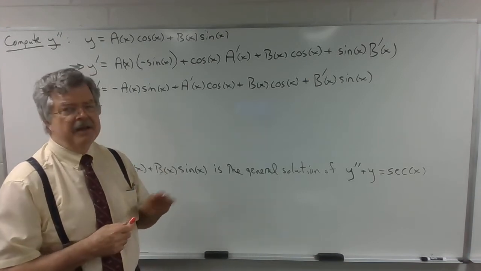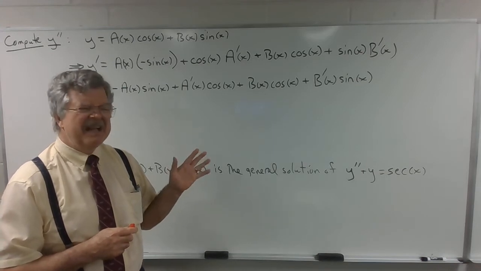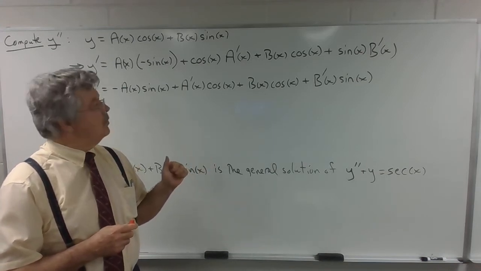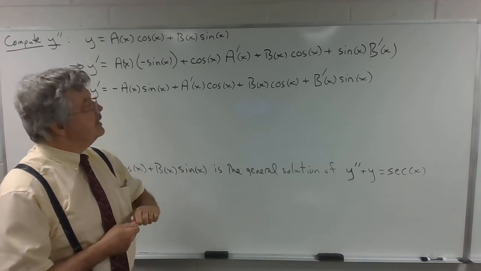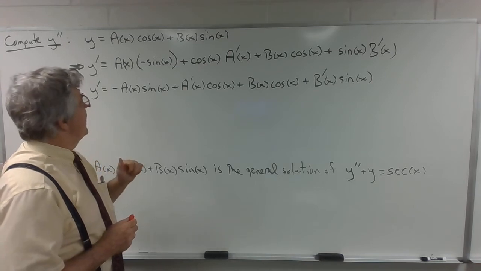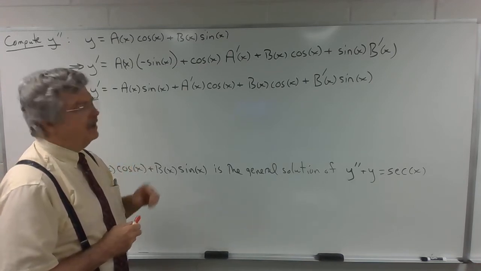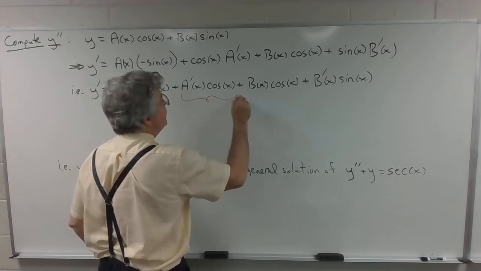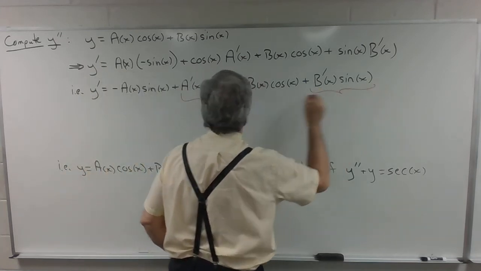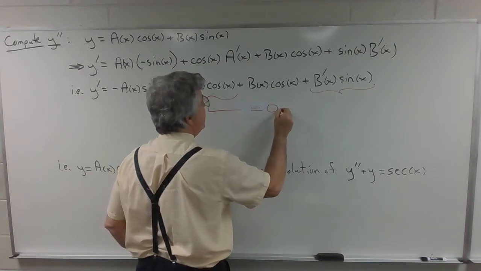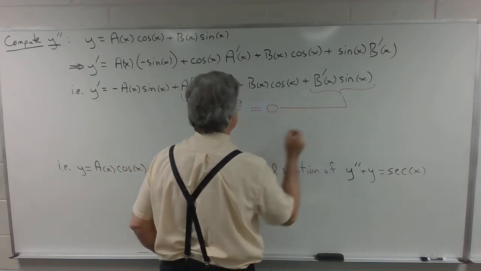And typically, not always, but 95, 98% of the time, what we do is we impose the restriction that a of x and b of x are such that these two terms add up to 0.